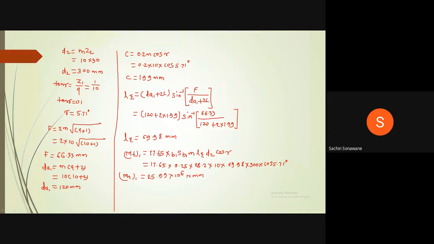Remember, all dimensions are in mm. This 300 dimension is in mm, that's why we have taken Newton mm. Now we'll calculate MT2, that is torque 2.